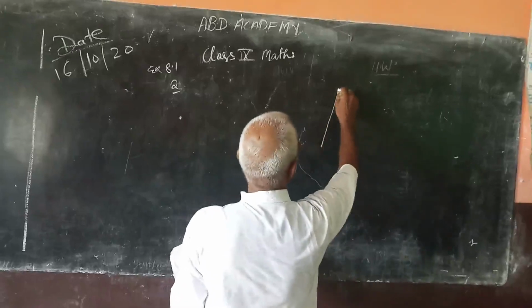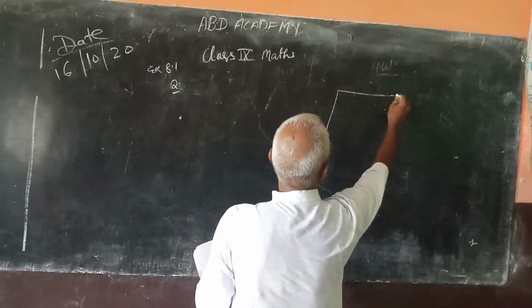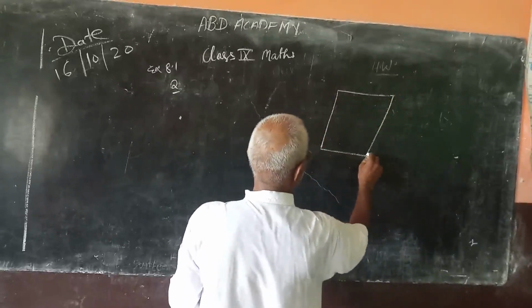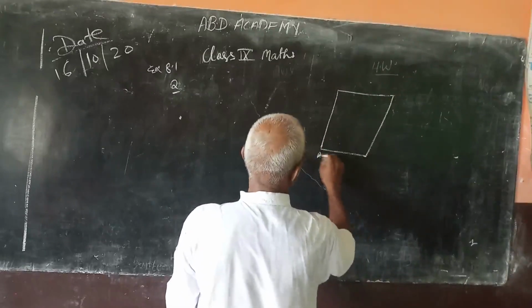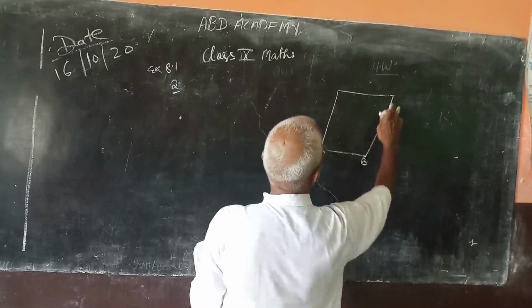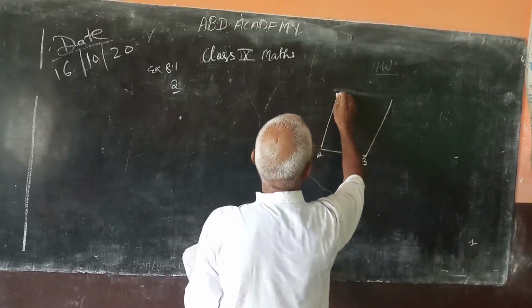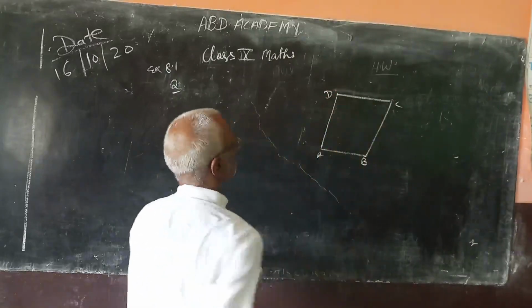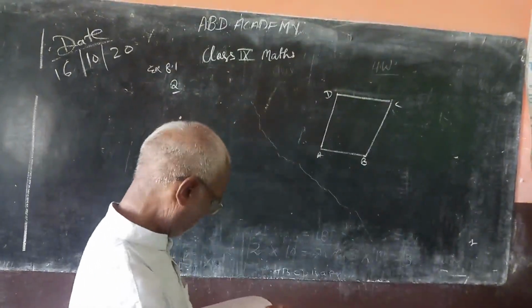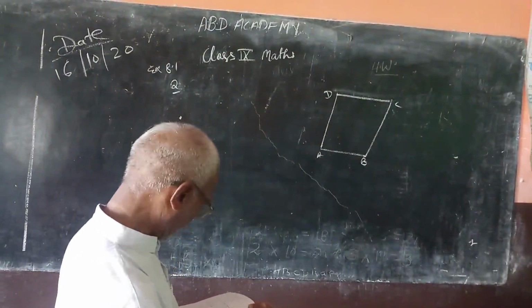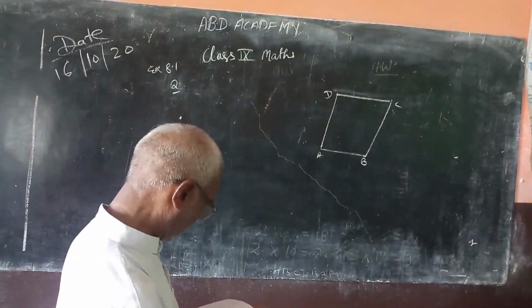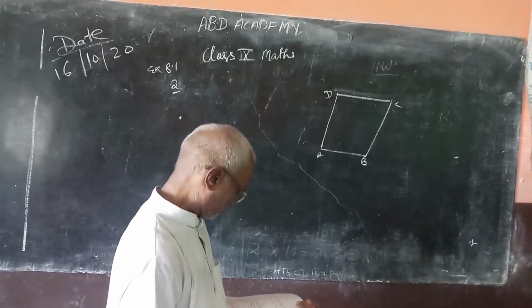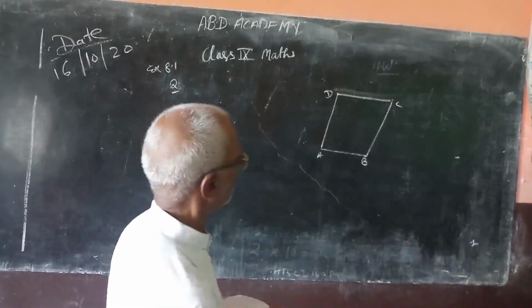Here a rhombus ABCD is given. So diagonal AC bisects angle A and diagonal BD bisects angle B as well.